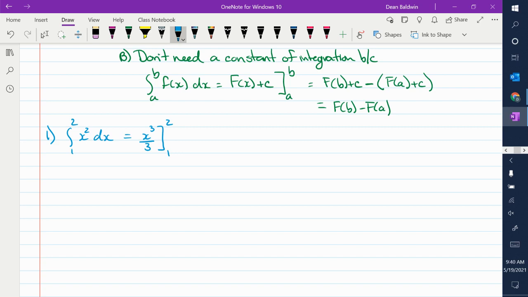What goes in first? The b value, the top one. So 2. So I put 2 in. So it's 2 cubed over 3 minus 1 cubed over 3, which is 8 over 3 minus 1 over 3, 7 over 3.